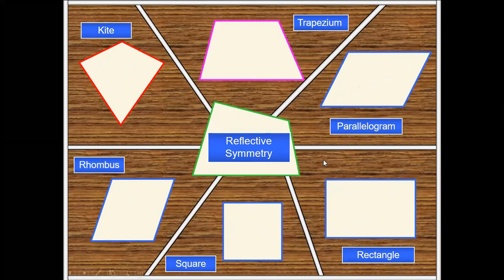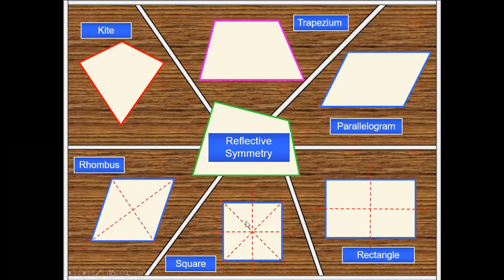Pwede bang magkaroon tayo ng symmetry sa mga quadrilaterals na ito? Sa rectangle pwede. Kung magdodraw tayo ng line dito at saka line dito. So dalawang possible symmetries sa rectangle. Sa square, napakarami. Sa square, ilan? 1, 2, 3, 4. 4 symmetries. Pwedeng 4 line of symmetry.